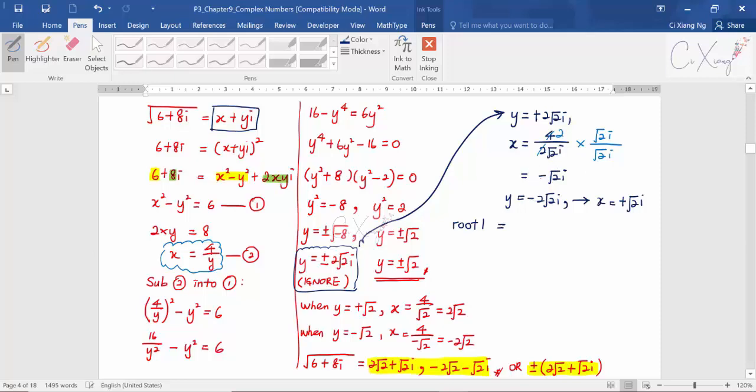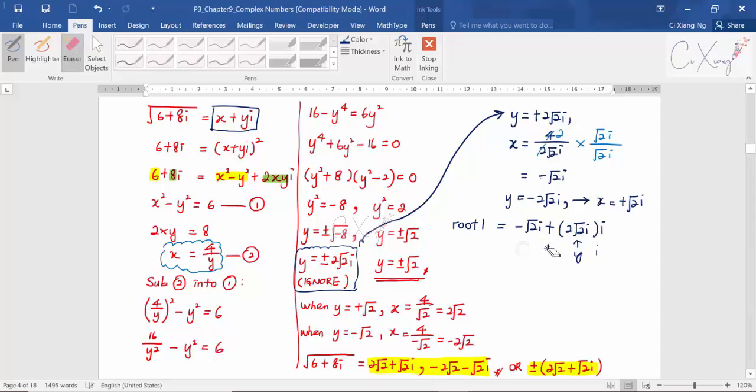So your x is negative square root 2i plus yi. This is your y. Your y is 2 square root 2i multiplied with i. This is x plus yi. So I'm substituting the first set of answer that I got just now into the equation here.